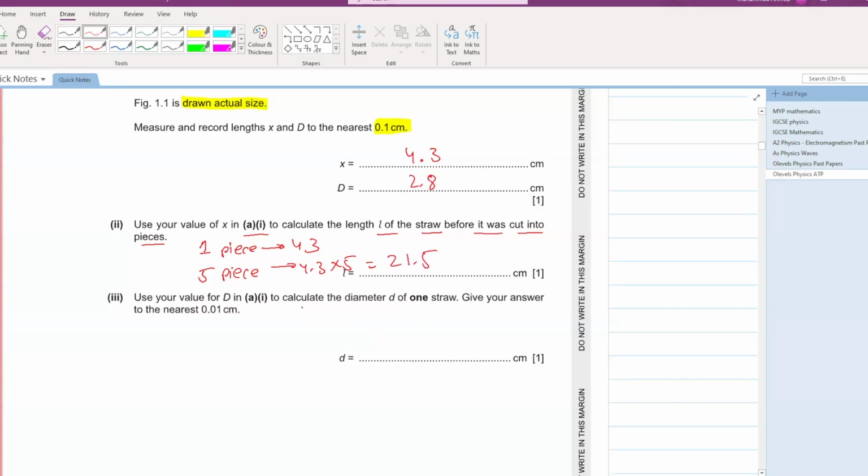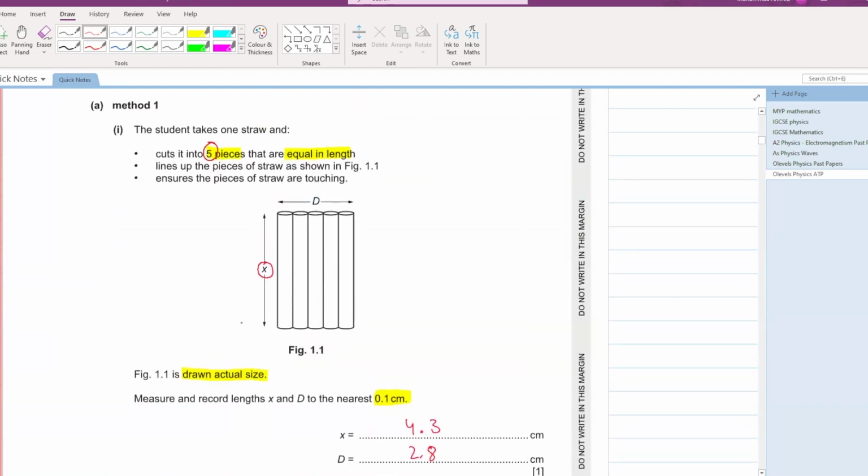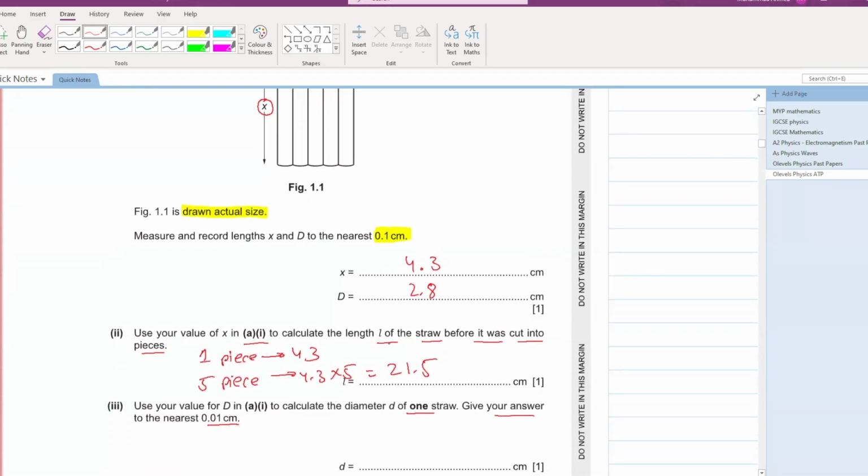Use your value of d to determine the diameter of one straw. Give your answer to the nearest 0.01 centimeter. Can you realize what d is? D is the diameter of five straws, and capital D is 2.8.